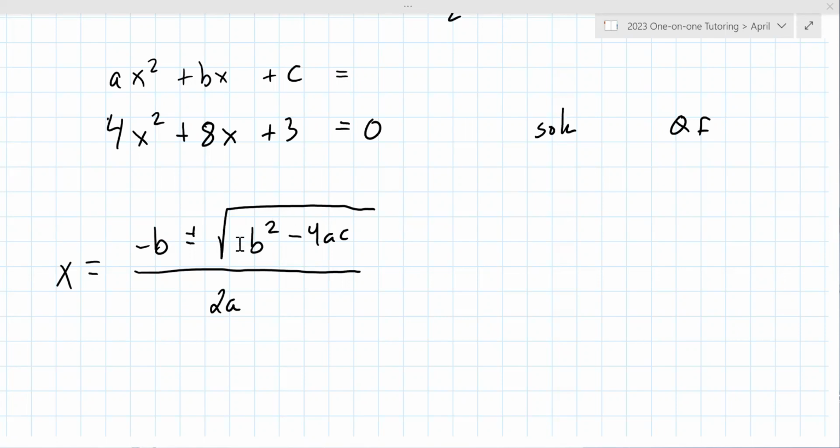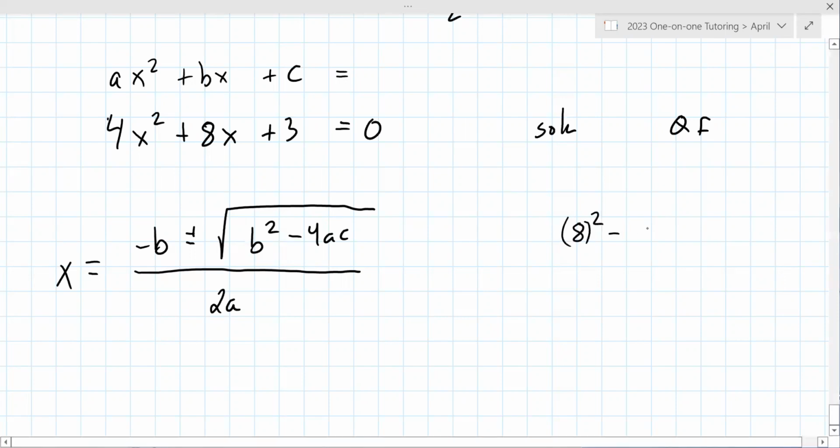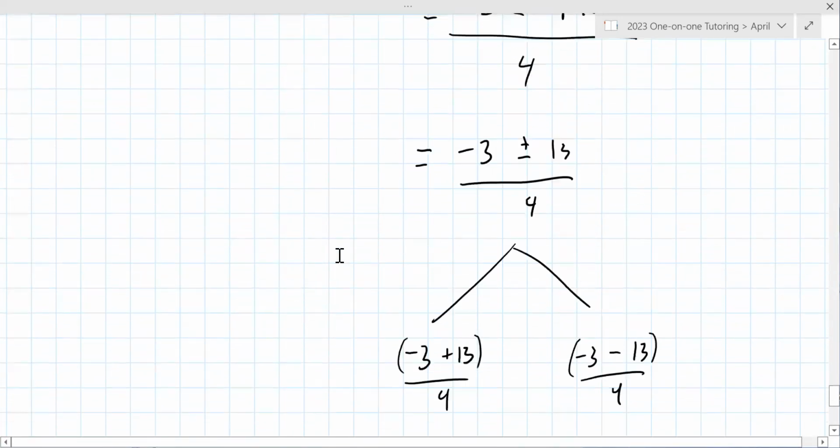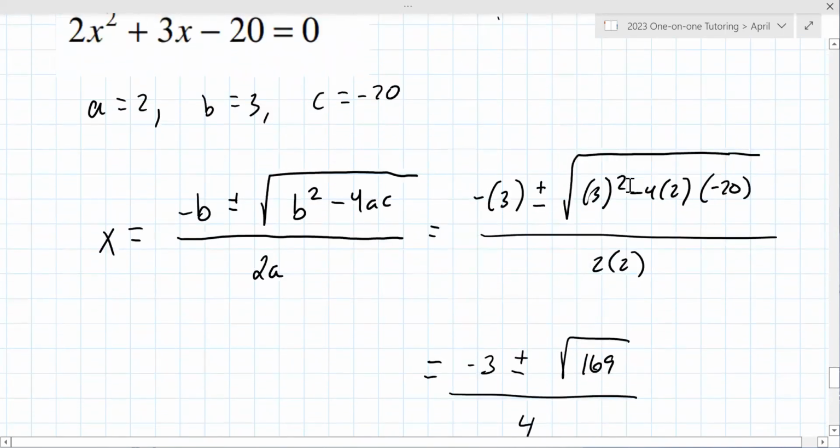Whoa, hang on. I'm hearing numbers that are really large. Are you working on the part inside the root? Yeah. Okay, 8 squared minus 4 times 4 times 3. 4 times 4 times 3 is 48. 8 squared is 64. Oh, it's minus. It is always minus.